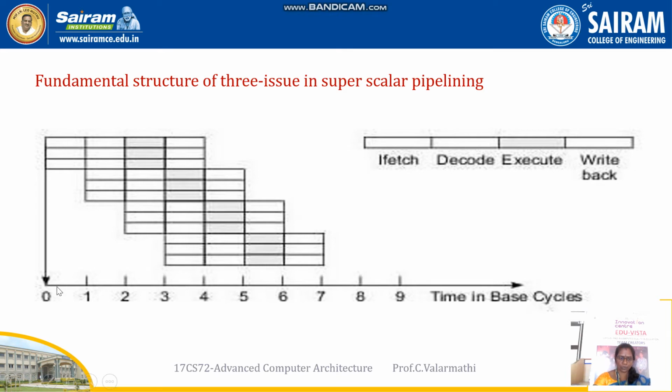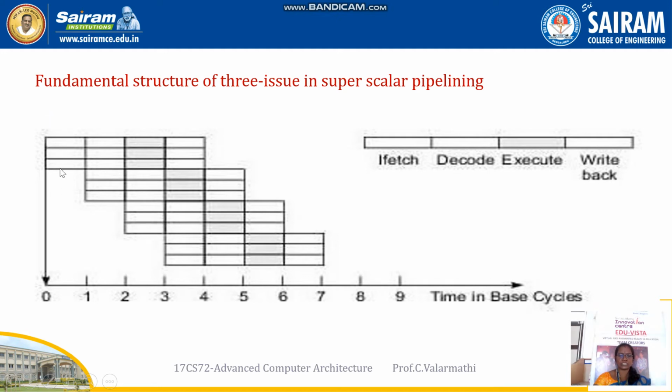Take the first clock cycle, from 0 to 1. In the first clock cycle, the 3 instructions are in the fetch phase, because when you go for pipelining, the first phase is always the fetch phase.